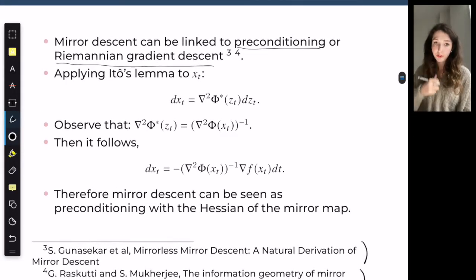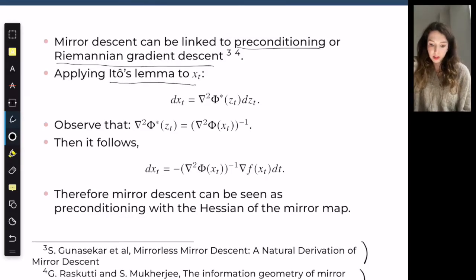But very briefly, the relationship between mirror descent and preconditioning is the following. If we are to apply Ito's lemma, or in this particular case not Ito's lemma because we don't have any noise, but just differentiating, then what we obtain is this.